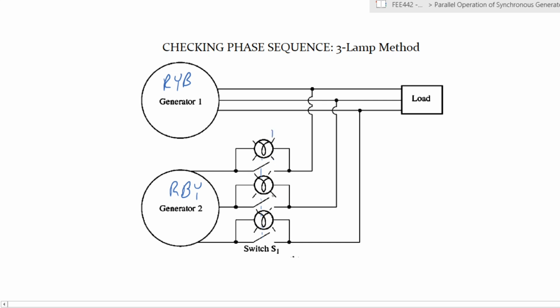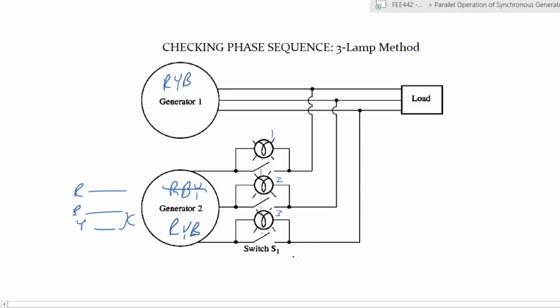So if lamp 1 is bright, lamp 2 might be off, lamp 3 might be a bit dim, and so on. So in order for you to ensure that they are in the same phase sequence, the red, yellow, and blue, you would exchange 2 terminals, any 2 of the 3 terminals. You exchange them so that you now have a correct sequence that matches.